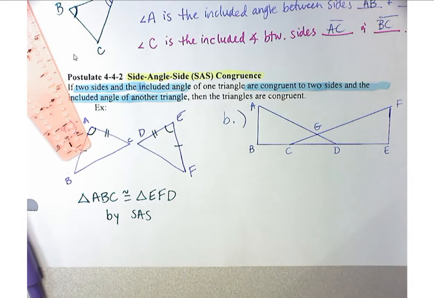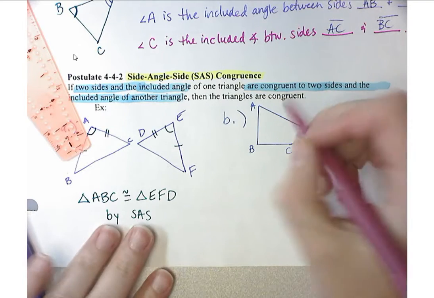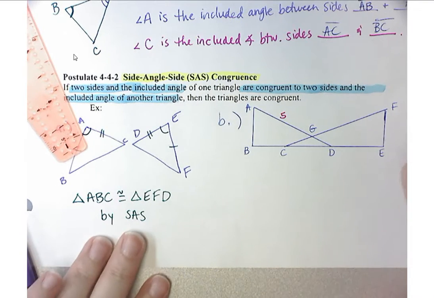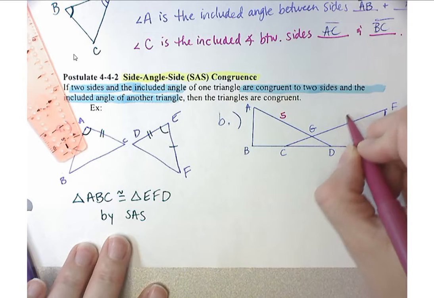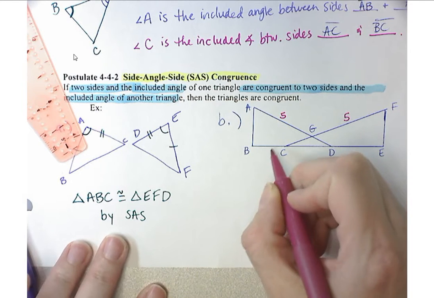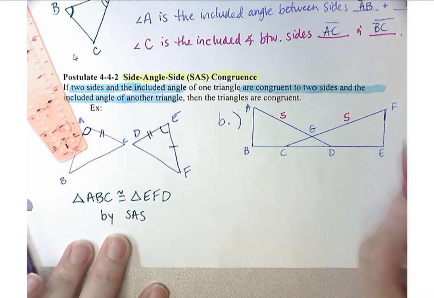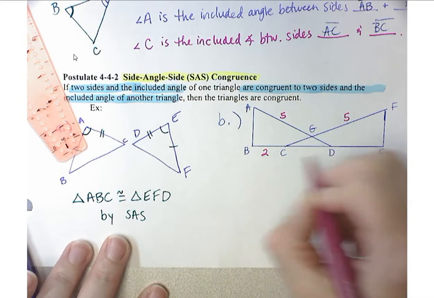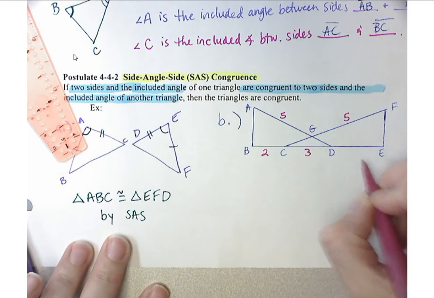Okay, and we are going to be given a few things. So we are given that AG is 5 and GF is 5. We are given that BC is 2, CD is 3, DE is 2.